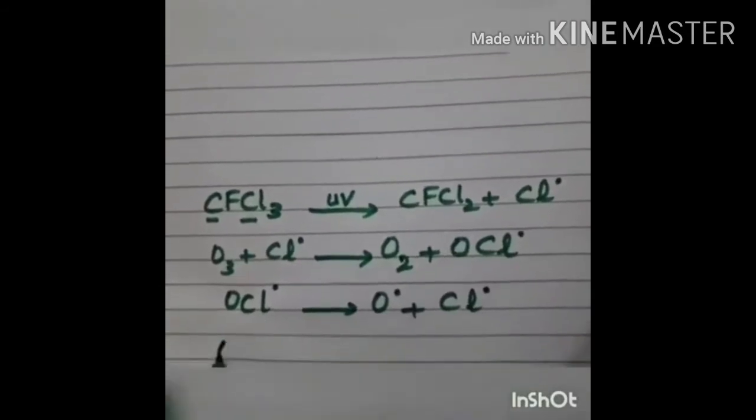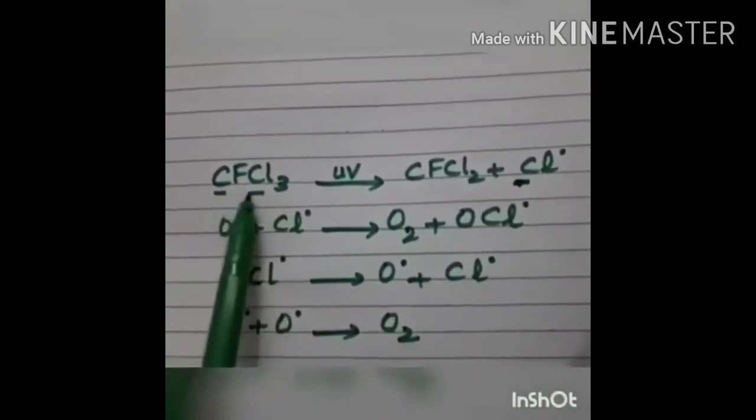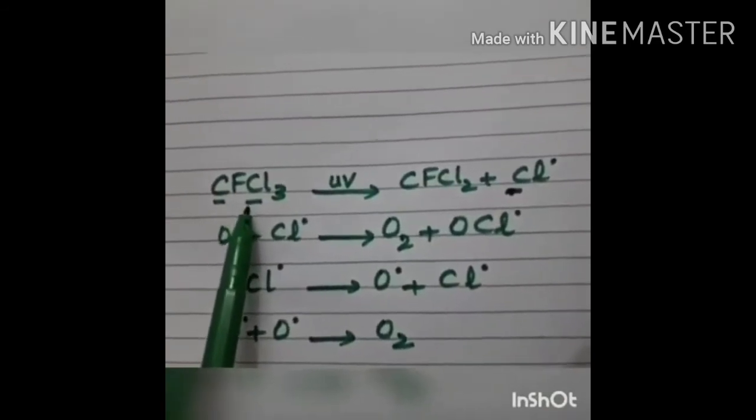Oxygen radicals will combine and form oxygen. In this way, a single chlorine free radical which is released by the decomposition of chlorofluorocarbons is capable of destroying many lakhs of ozone molecules.